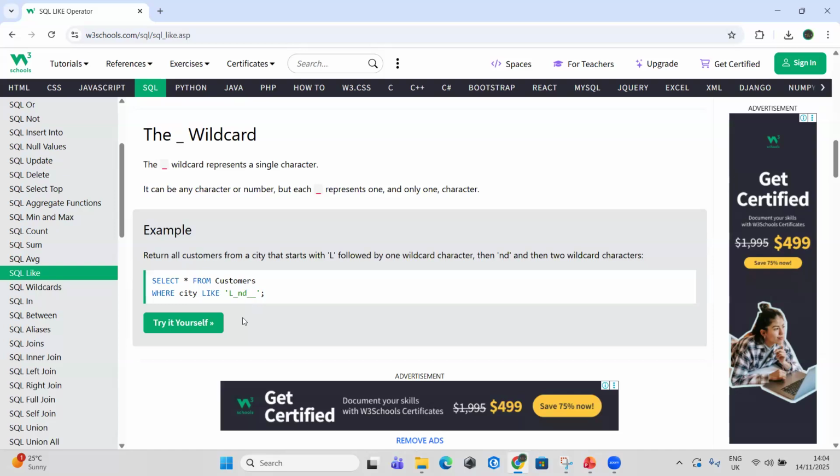So I can use a fill-in-the-blanks type of thing here. Select star from customers where city like. It will try to fill in the gaps and look at which city matches the given information. So you'll get London here.